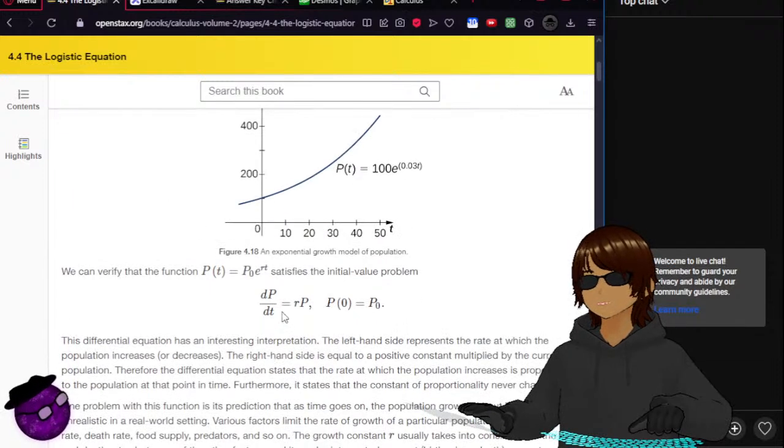Wait, if we integrate this, would it be P0 e to the power of rt plus c?